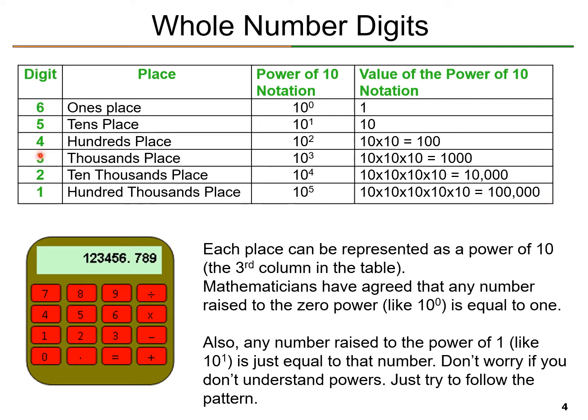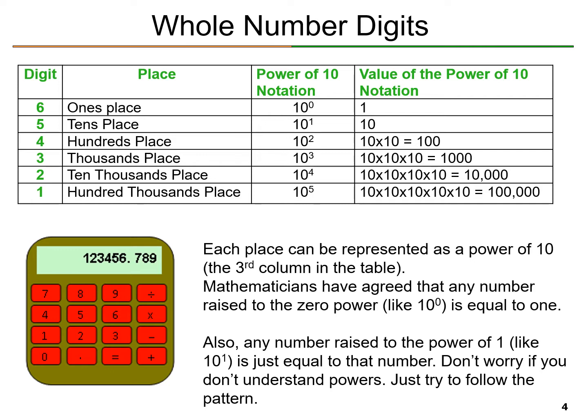Now, what digit we have in the different places determines the worth or the place value of that digit. So here, the 6 is in the ones place. So the 6 has a worth of 6. In this number here, 5 is in the tens place.